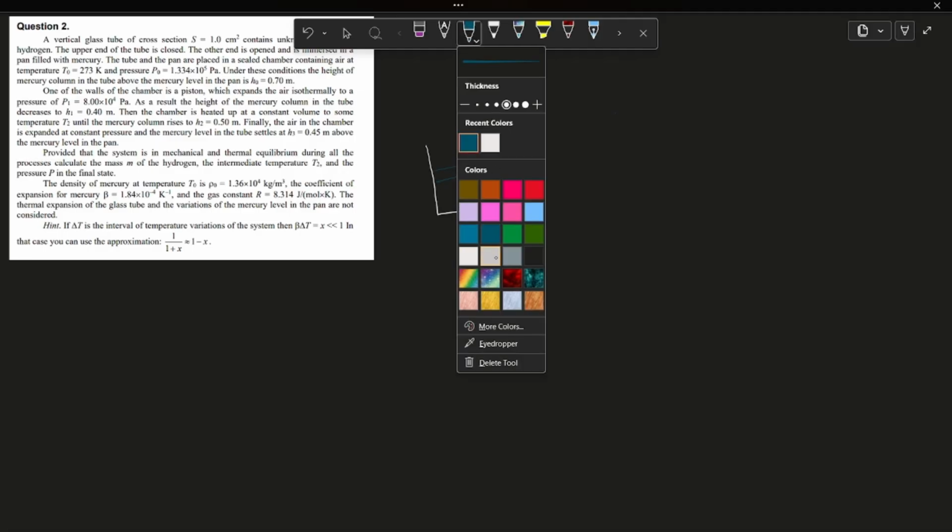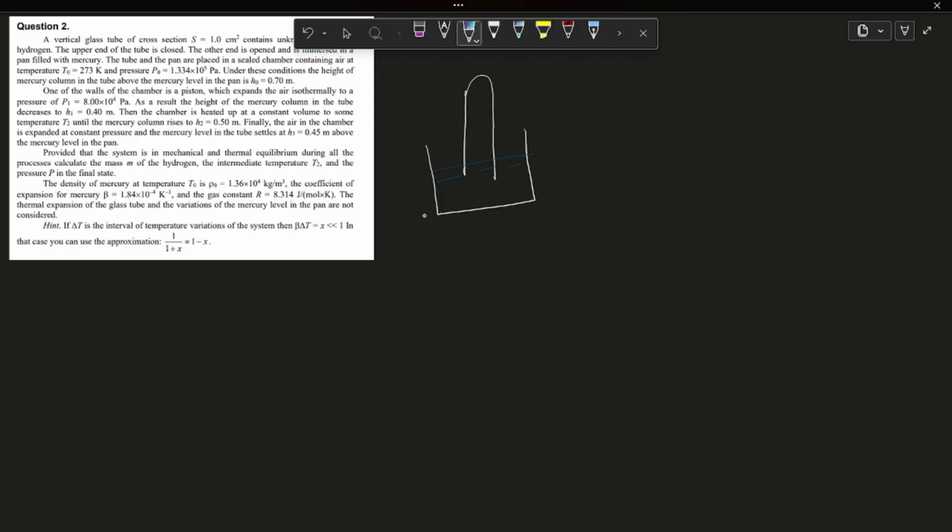Okay, this is mercury. This is the level of mercury. Mercury is shining, right?